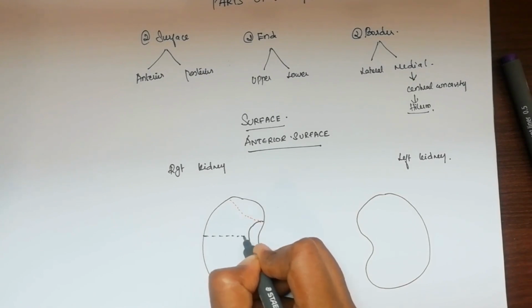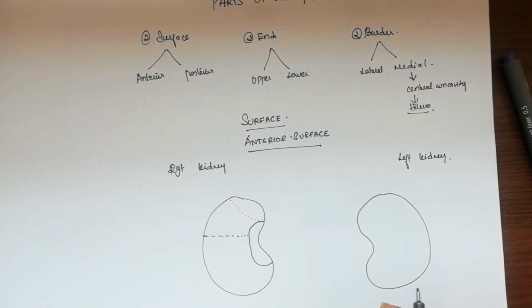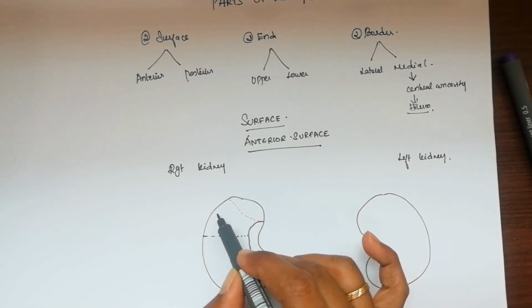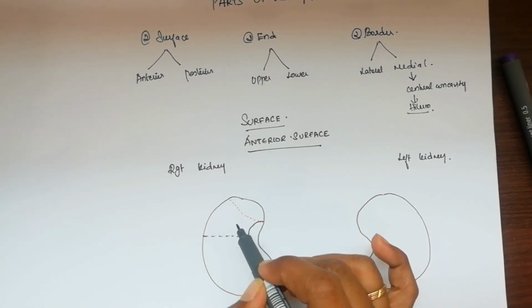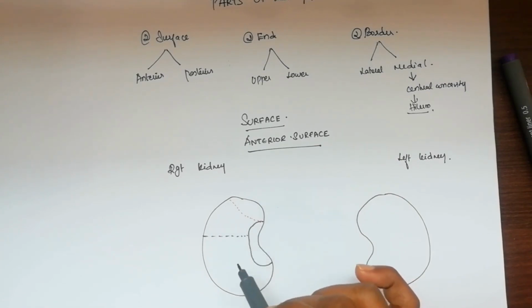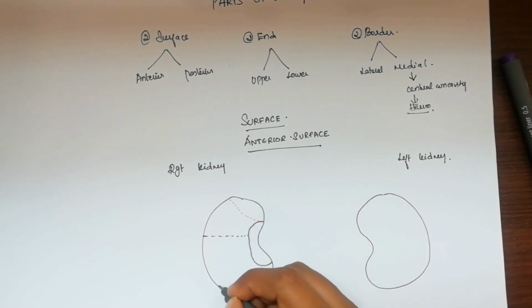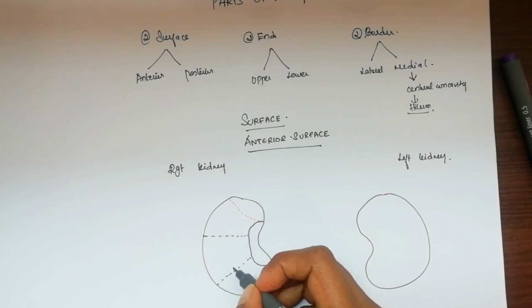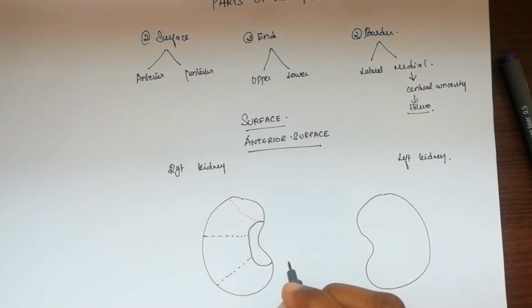The visceral surface of the liver is related to the anterior surface of the right kidney. Just below the hepatic area, we have two areas, lateral and medial. The lateral one is called the colic impression, and the medial one is called the jejunal impression.